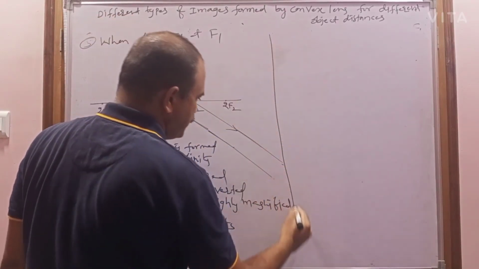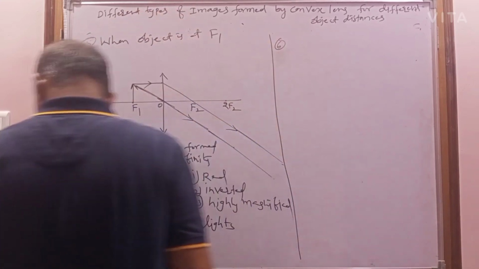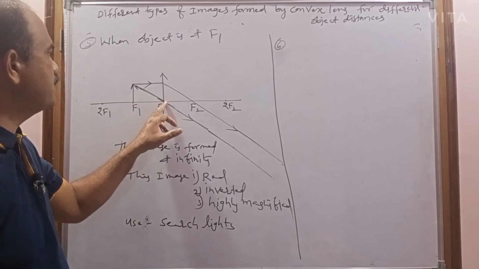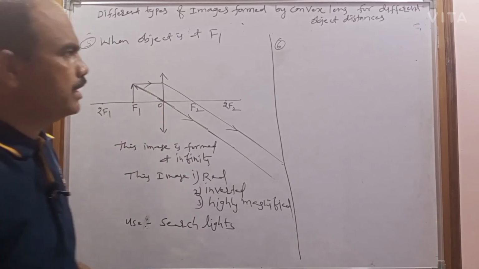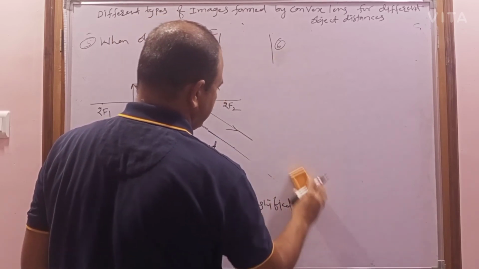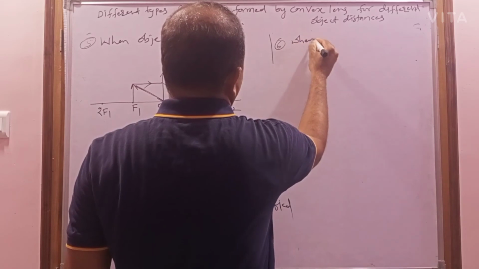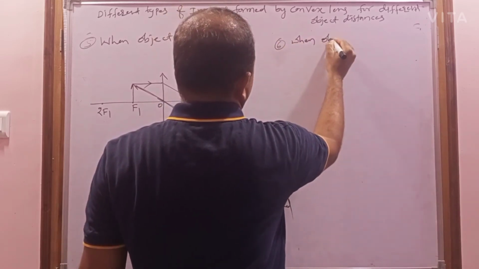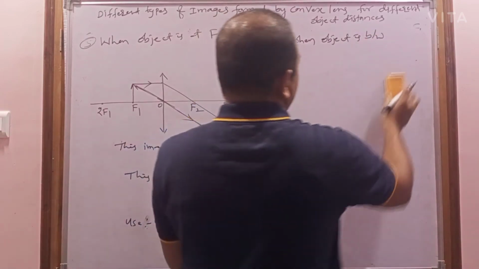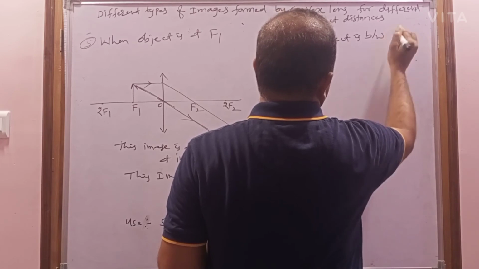Now coming to the last position of the object. This is also very important: when the object is between the optic center and focus, that is, between O and F1.